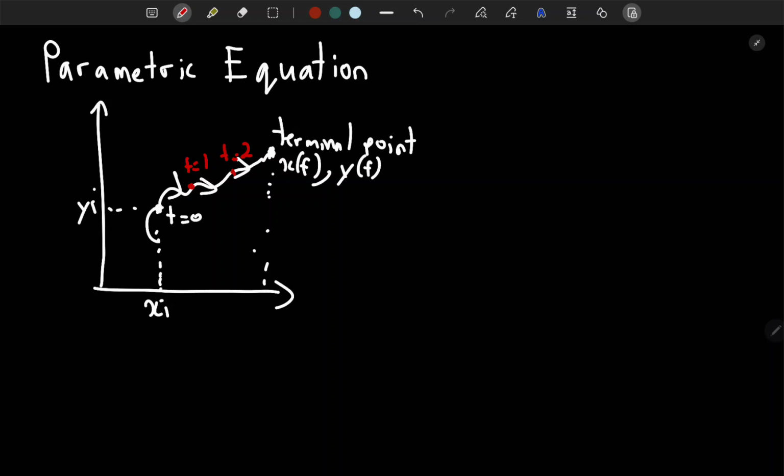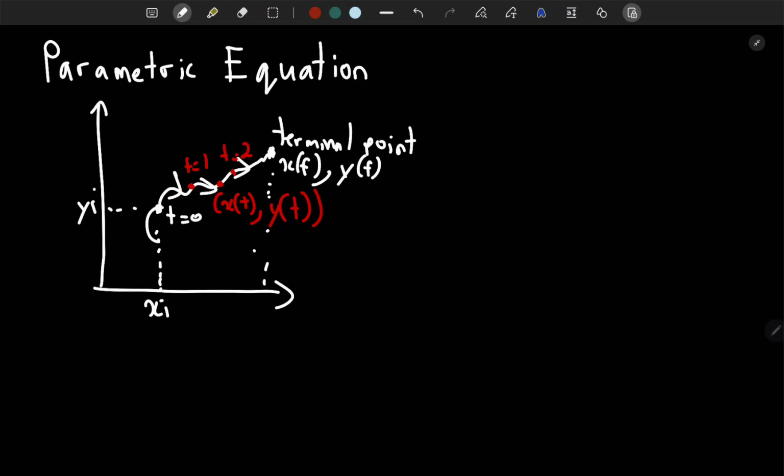So our main parametric equation is, at this point, to find x and y you have to do x of t, the variable, comma y of t, and this is what the parametric equation is called.